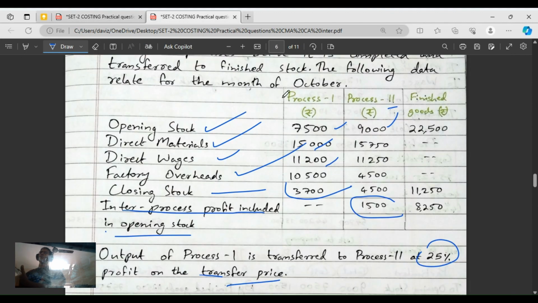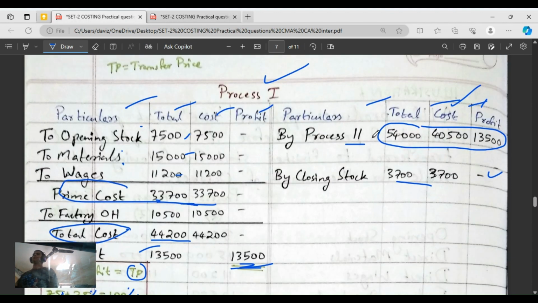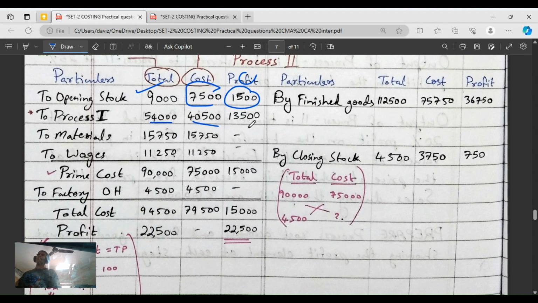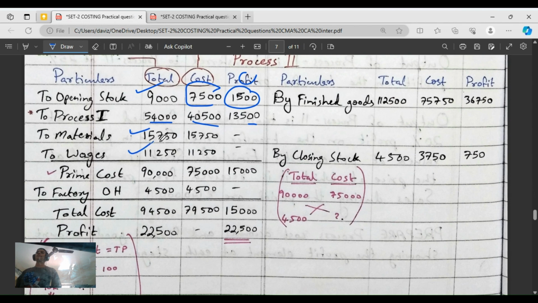Then from process 1, we have transferred to process 2: 54,000, 4,500, 13,500. That I received here. Then material for process 2 is 15,750, 11,250. That also I entered.